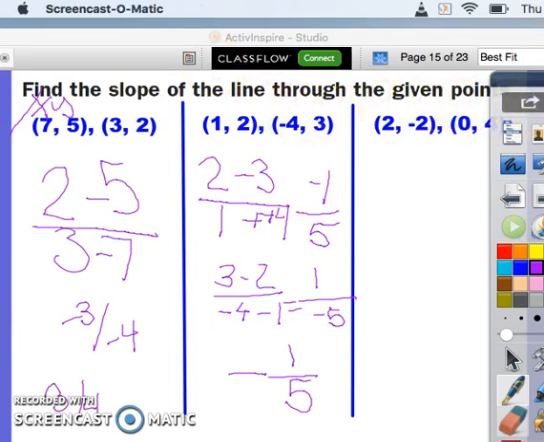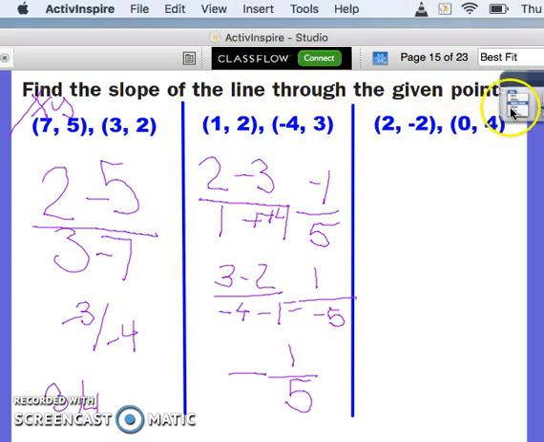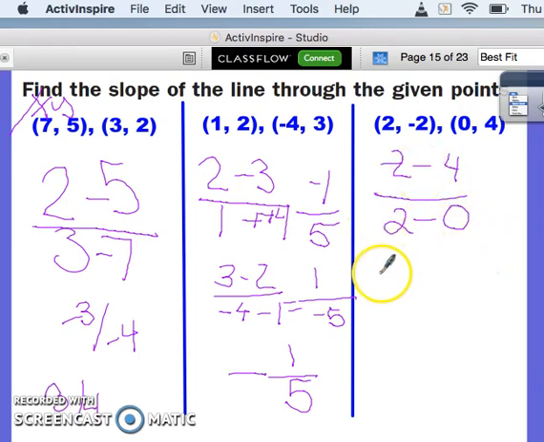All right, we're going to do one more. I'm going to take negative 2 and subtract the 4, and I'm going to put it over 2 minus the 0. So negative 2 minus 4 is going to be a negative 6, and 2 minus 0 is just 2.